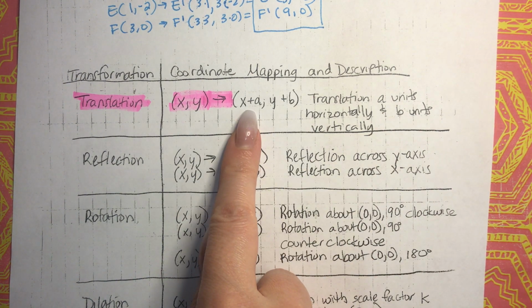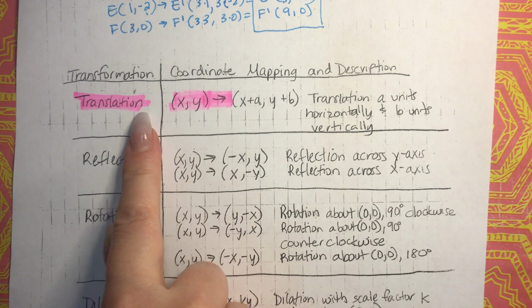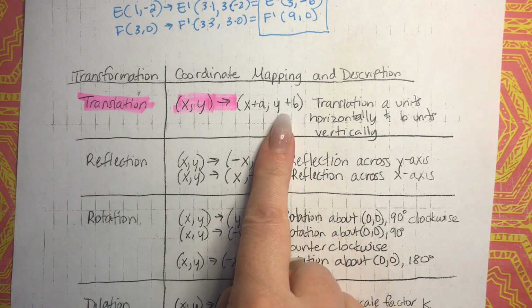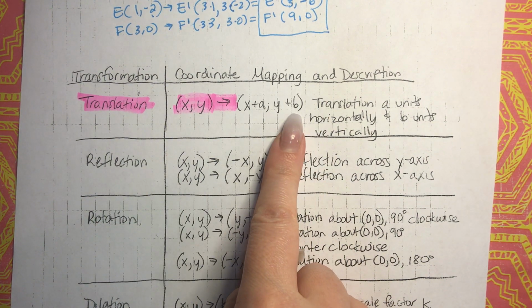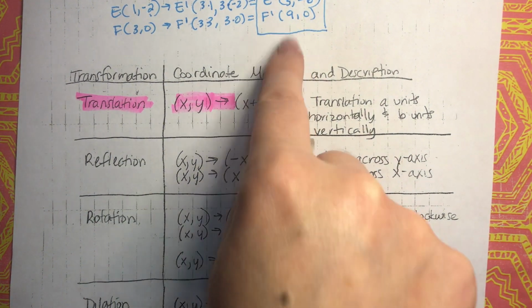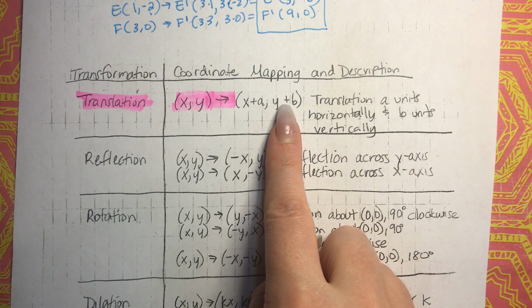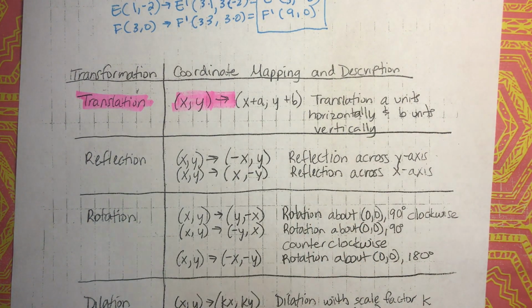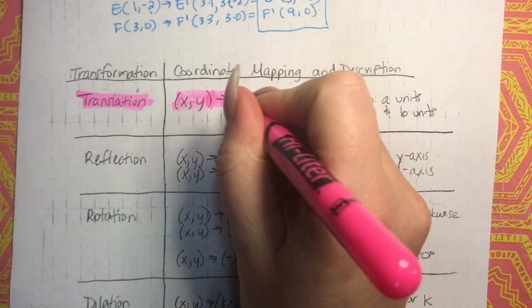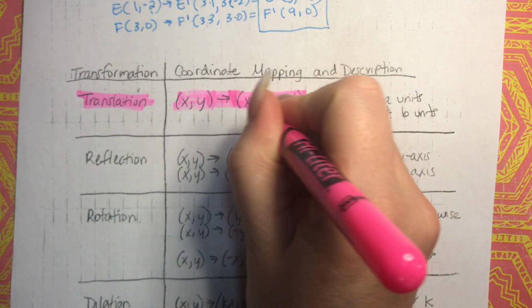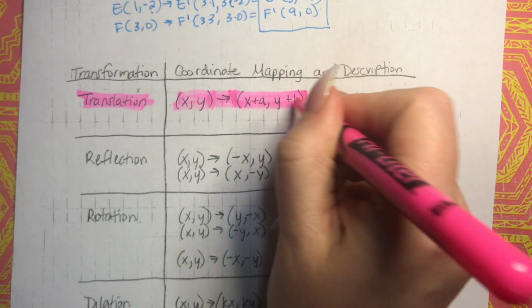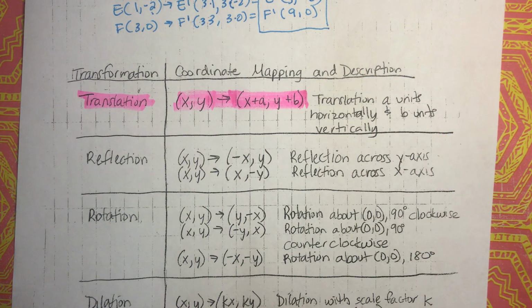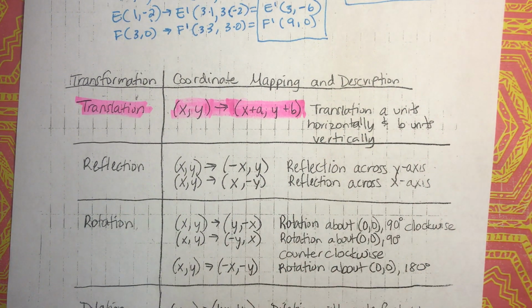If you subtracted 2, you'd be moving 2 units to the left in the negative direction. For the Y, if you add a number and it's a positive number, then you're going to be shifting up. And if it's a negative number, then you're going to be shifting down. So that's what this rule states. This rule tells you exactly what the actual shift is horizontally and vertically.